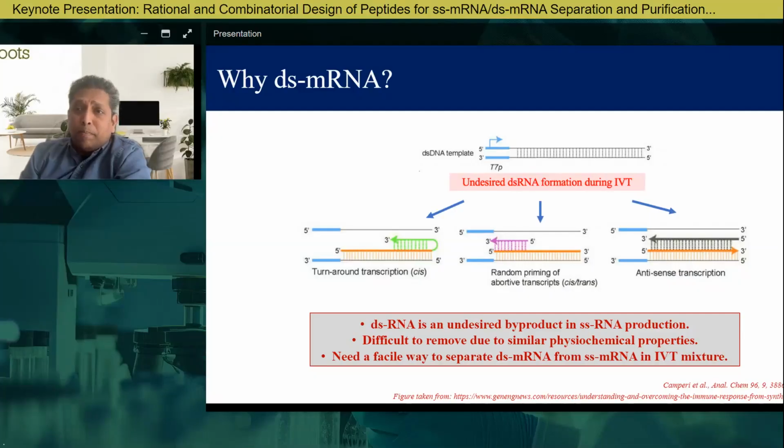And there is a putative hypothesis that the adverse reactions to vaccines, to the COVID vaccine, that some patient cohorts showed had to do with the small amount of impurities, 1 to 4% of double-stranded RNA in the vaccine that could not be separated. So that's one challenge from a clinical outcome standpoint, right?